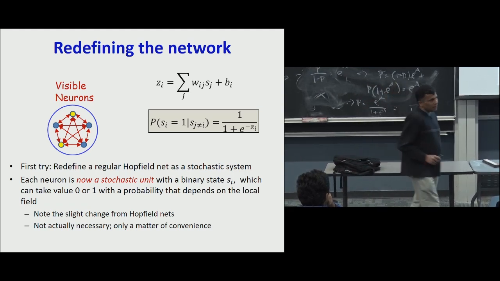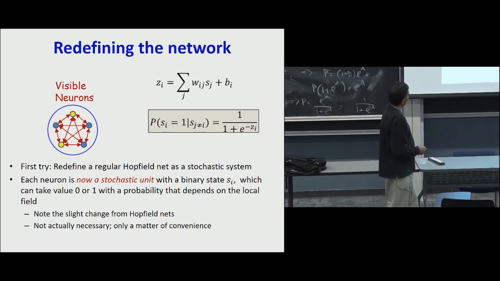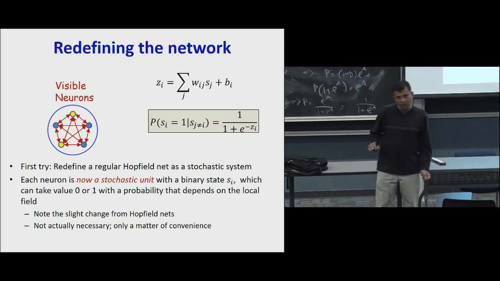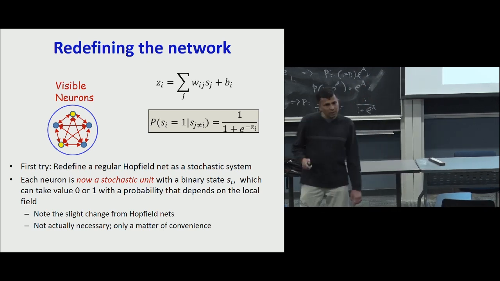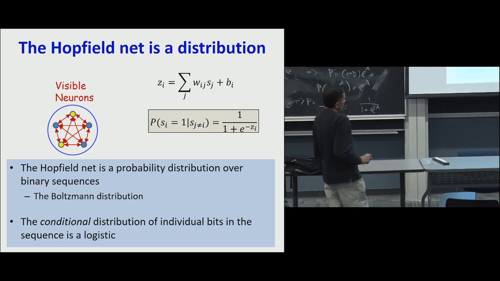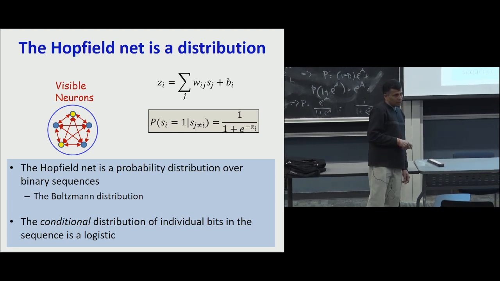Now observe that I'm going to say 0 or 1 instead of minus 1 or 1, simply for convenience, okay? So now the Hopfield network is simply a probability distribution over binary sequences. The conditional probability of individual neurons in the network is now a logistic function.